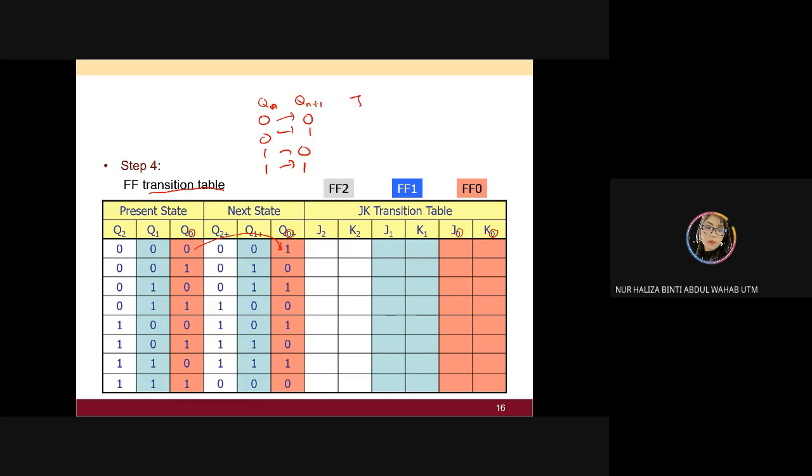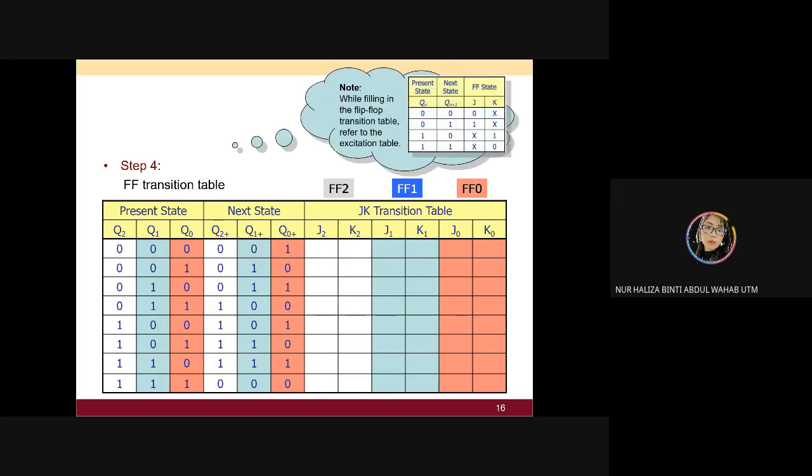What will happen to your JK? I think this one is 0X, here is 1X, X1, and X0.